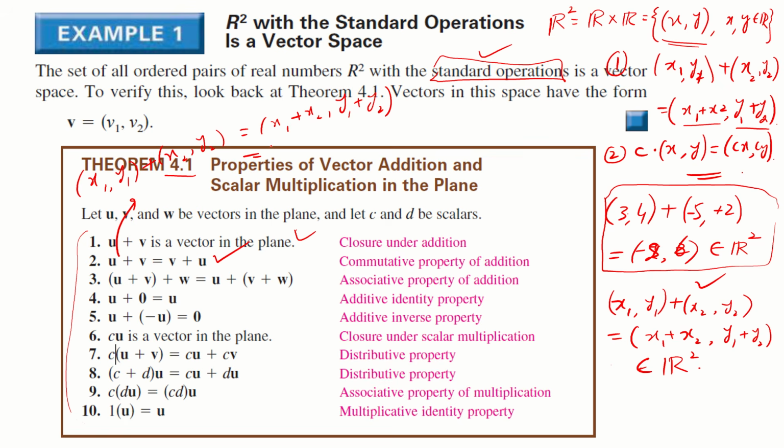Now these are real numbers, they can be rearranged like (x2 plus x1, y2 plus y1). I can just interchange them, and then I would write back in this form (x2, y2) plus (x1, y1). So you see that if you have called the first one as u1 plus u2, and then we ended with u2 plus u1. So this condition is satisfied.